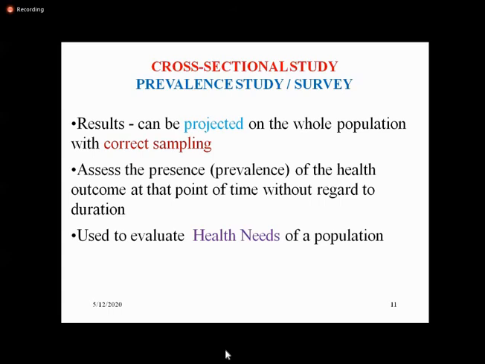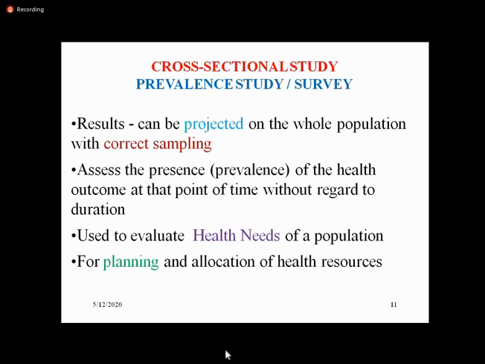But it is very important for evaluating the health needs of a population. It gives you the whole population picture: how many persons are diabetic, how many are hypertensive, how many are smokers, and the cancer patients or other disabilities. It is very good for planning and allocation of health resources.